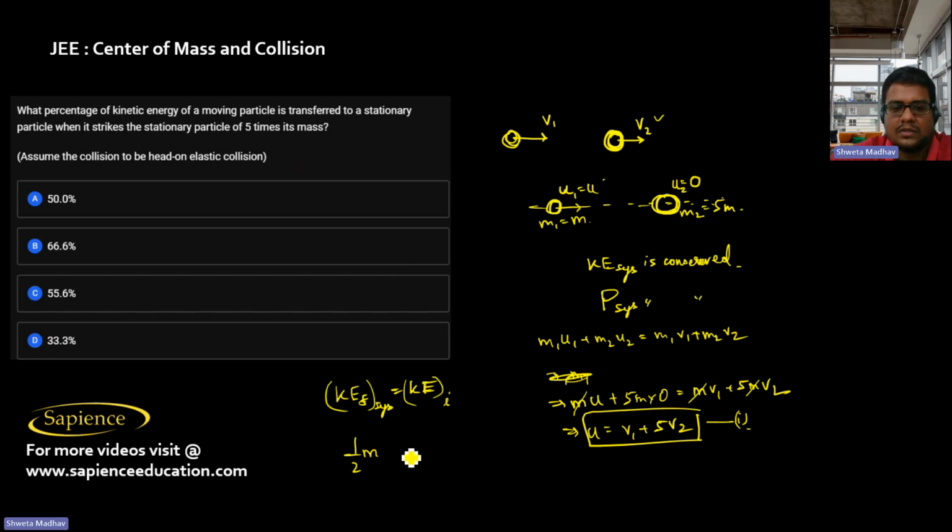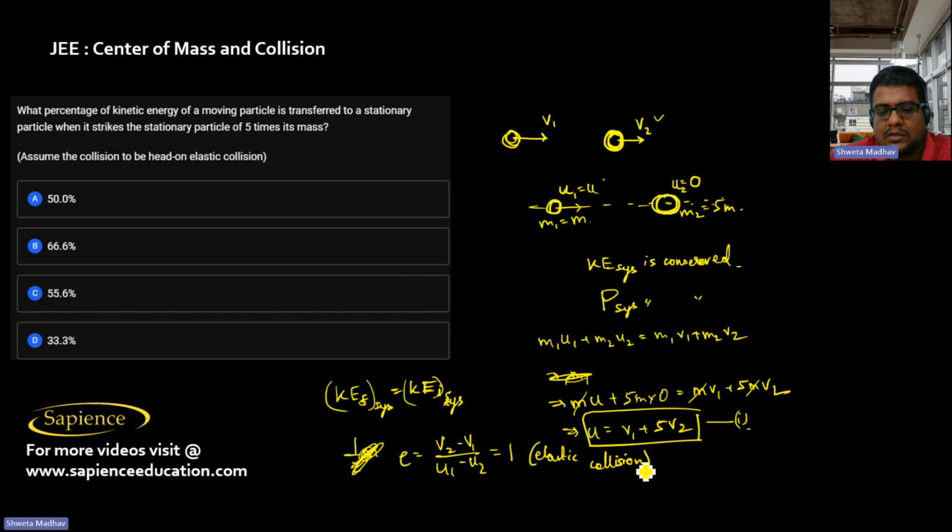Or we can also use the formula for coefficient of restitution, which is e equal to (V2 minus V1) by (U1 minus U2), where the coefficient of restitution is 1 only, since it is a head-on elastic collision.